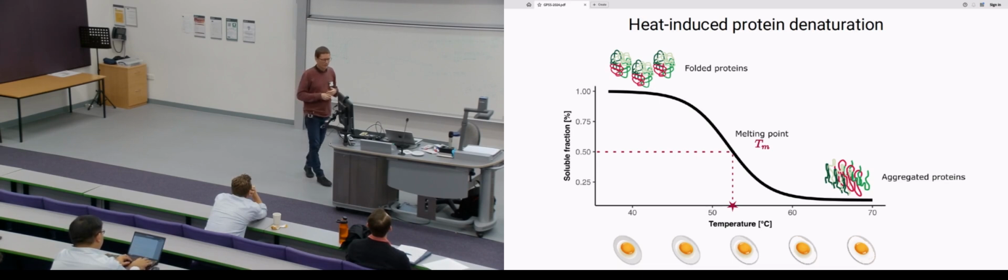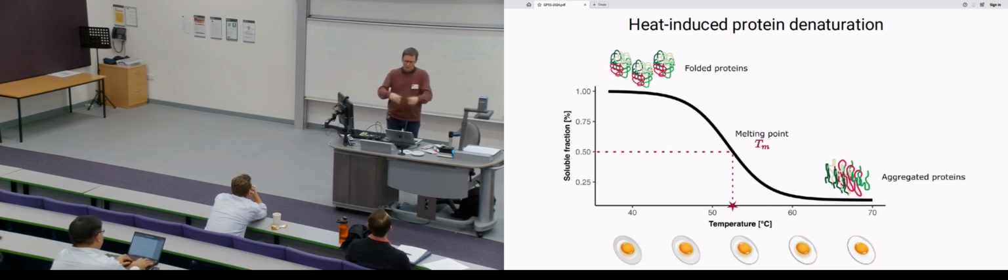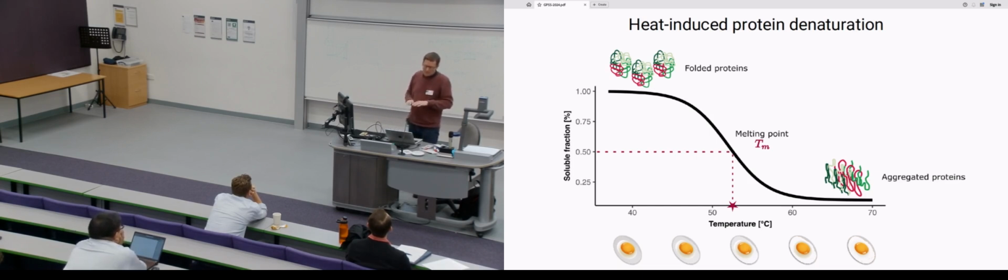So if you're frying an egg, you stick it in the pan, you cook it, and the white goes white, and it changes. And it's not that it's got different proteins in it, it's just the proteins are forming complexes and aggregating and doing all sorts of things which they weren't when it was cool.